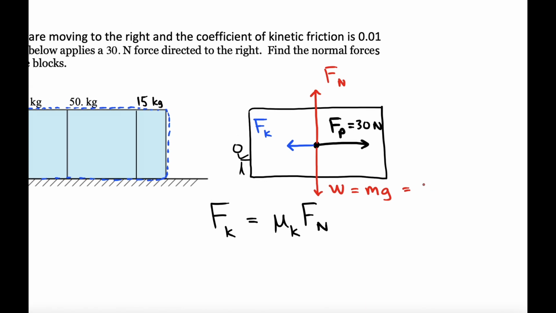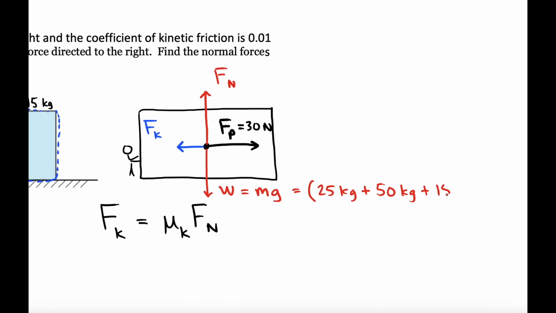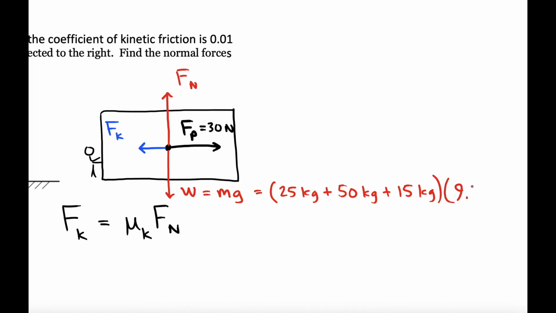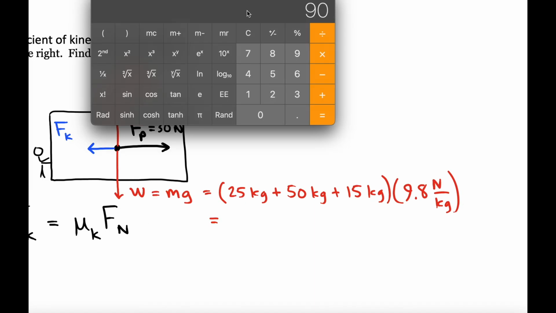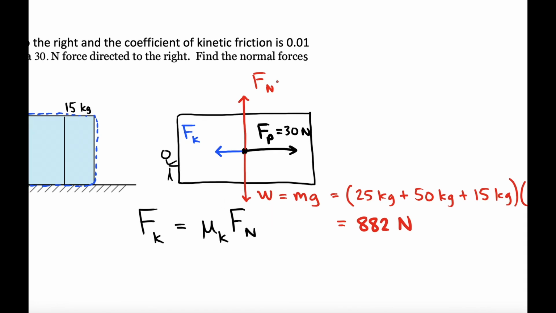So we're going to add all the masses up to get the total mass of this system. Then we'll multiply by g. It's 90 kilograms total times 9.8. That makes 882 newtons. So our normal force will also be 882 newtons. It's just going to cancel the weight.